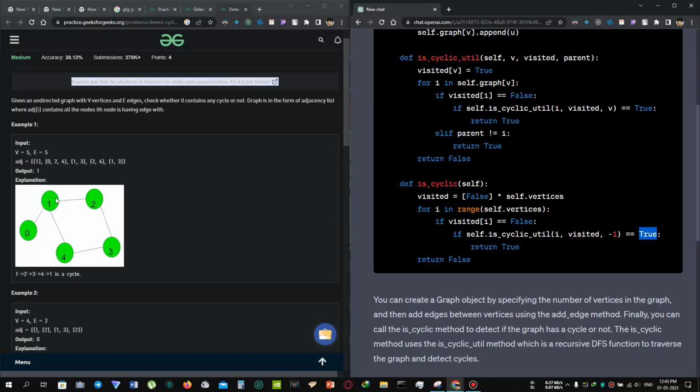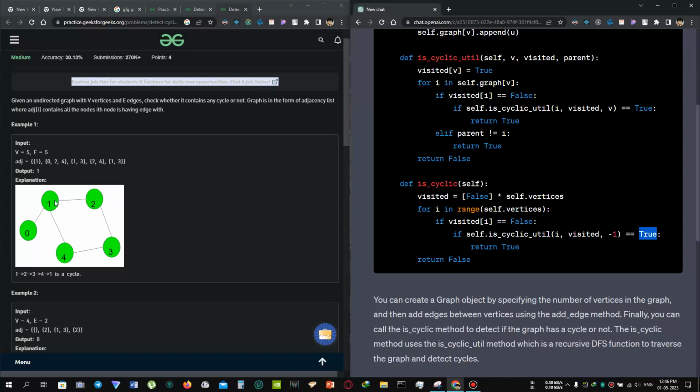We go to 1, then mark it true, which means we have visited 1. Now when we go to 1, we try to go to all its neighbors, but we go to all its neighbors in DFS format. So it's not like we will go to 0, 4 and 2, which is BFS.